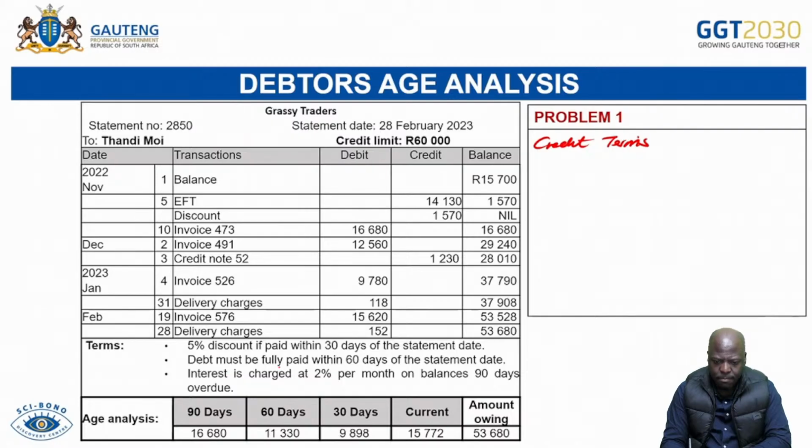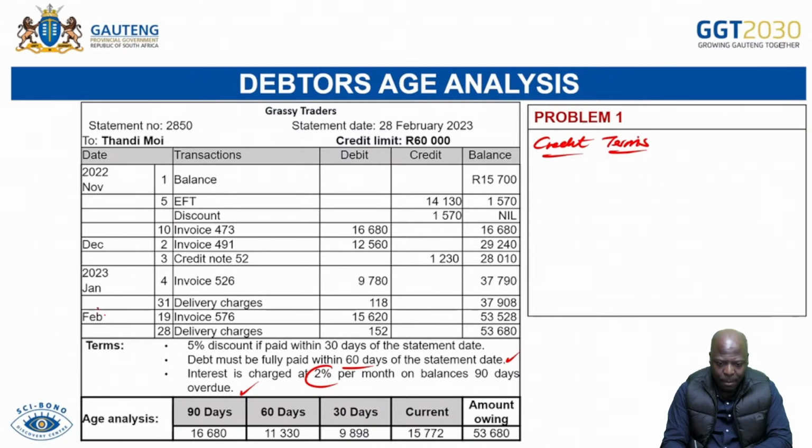And then debts must be fully paid within 60 days of the statement date. Interest is charged at 2% per month on the balances 90 days overdue. All right. So if we're looking at credit terms, we want to see amounts that are owing for more than 60 days. All right. So which amounts are those ones that are owing for more than 60 days?